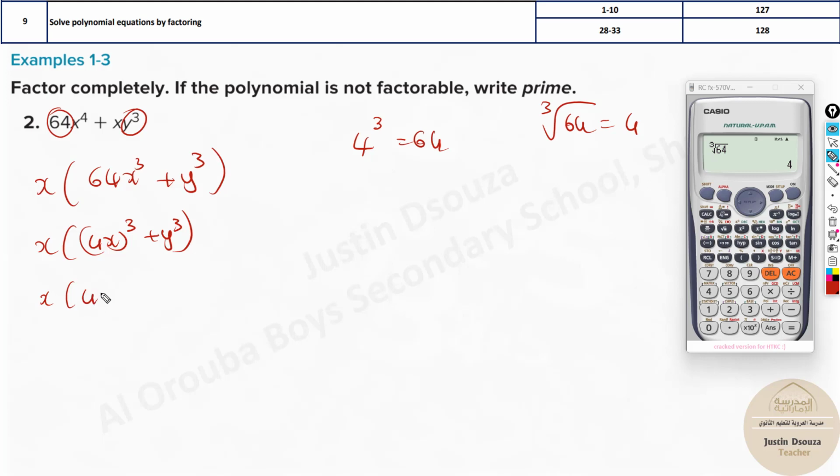It is 4x plus y, that's one term, and then the other term is 4x the whole square, so it is 16x squared, plus, multiply these two terms, that is 4xy, and lastly y squared. This is the answer. You can multiply the x inside, that's fine. This will be the answer.